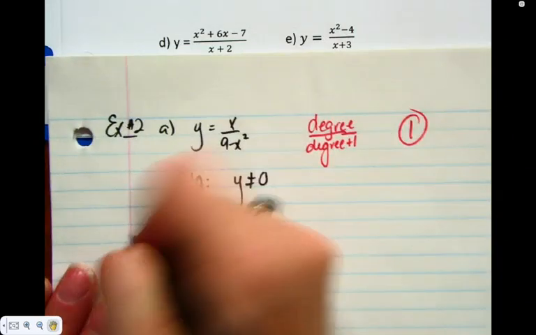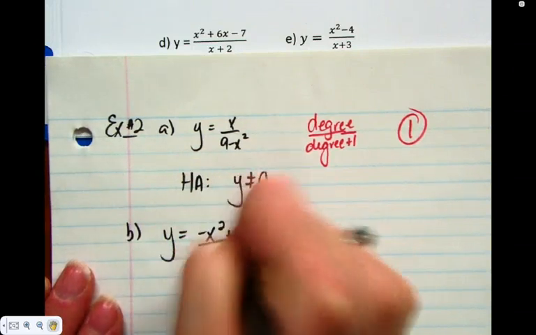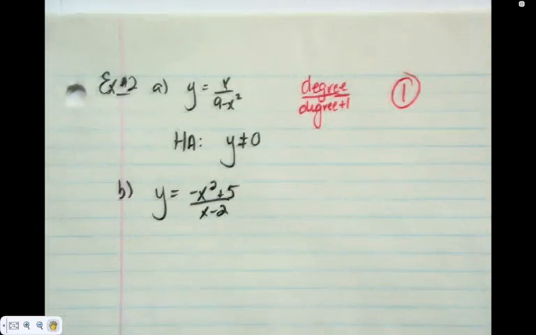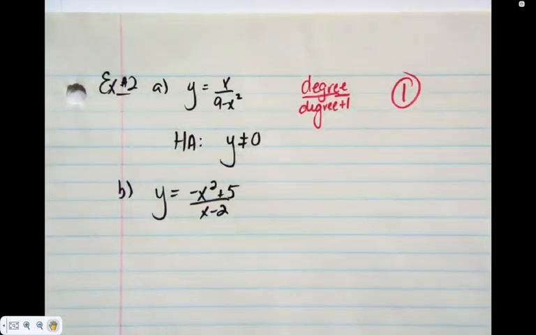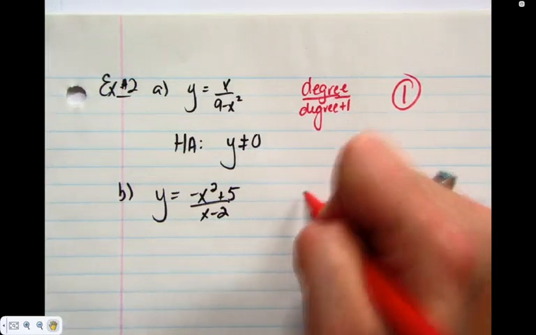Okay, let's look at B. Again, I'm not doing vertical asymptotes, so I'm not going to start to factor because that's not what this particular question wants. This wants us just to look at the degrees. What's the degree on the top? 2. What's the degree on the bottom?